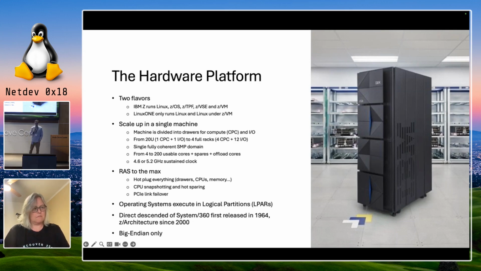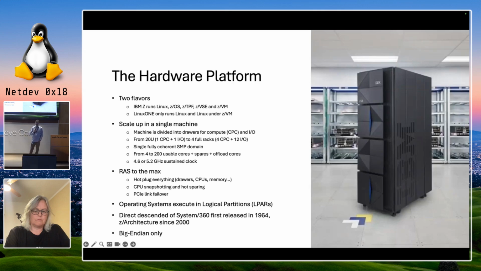We have these spare cores that I mentioned. They're for CPU hot sparing, where the CPU can detect that it is misbehaving and can be switched over to a spare CPU. We have PCIe link failure switchover, and yeah. Another important part that will play a role later is that we always have a virtualization layer. The minimum is logical partitions, which, as the name implies, partition the machine, though you can have just one for the whole machine, which is also a partition, I guess.